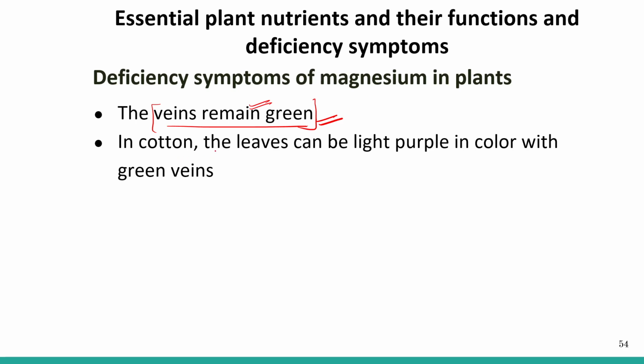Okay. In cotton, the leaves can be light purple in color with green veins. So here, in the case of cotton, when there is a deficiency of magnesium, the leaves of the cotton become light purple in color, right? But the veins of the leaves are still green in color.